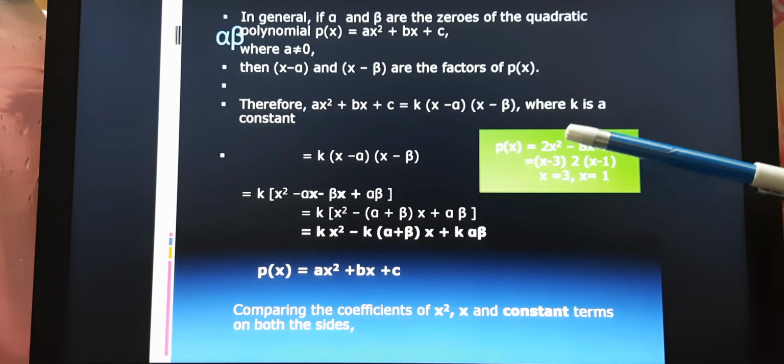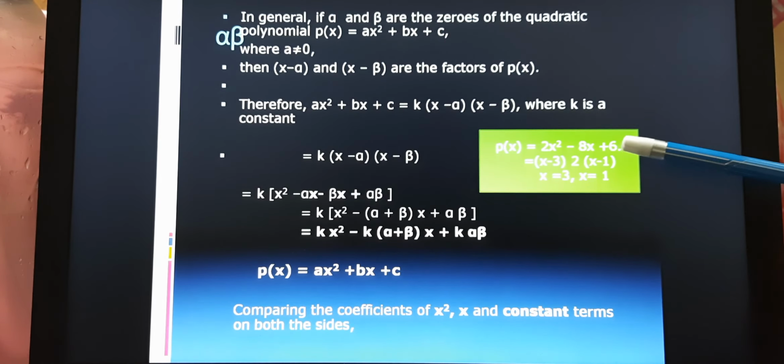P of x is equal to 2x square minus 8x plus 6. After splitting the middle term, we'll get 2 into x minus 3 into x minus 1. Through this, we got the zeros as x is equal to 3 and x is equal to 1. So here you have to observe that x minus 3 and x minus 1 are factors of this polynomial.